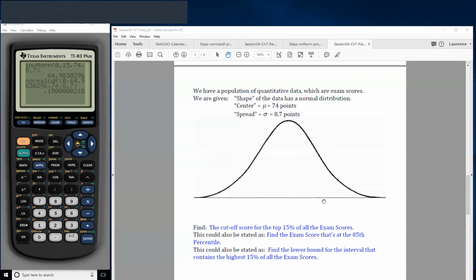So you're looking at exam scores, the top ones are off to the right. So where is that 15%? That's 15% of the population, so we know it's an area under the curve. So it can only be in the left tail, the right tail, or centered in the middle. Well, these are the top ones, so that's all stuffed here in the top, 15% in the right there.